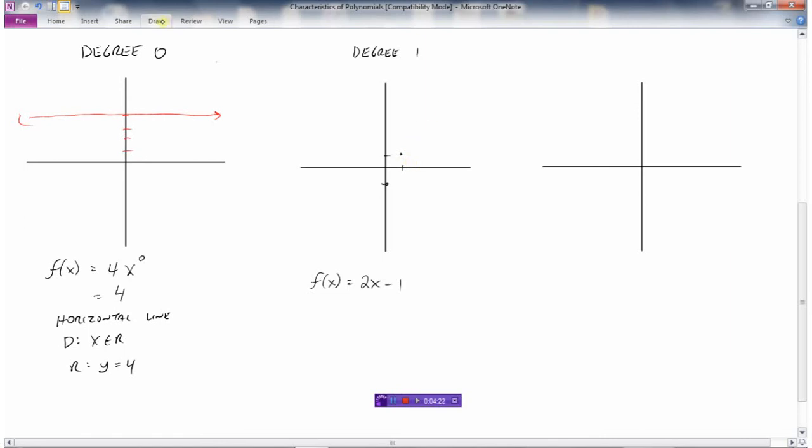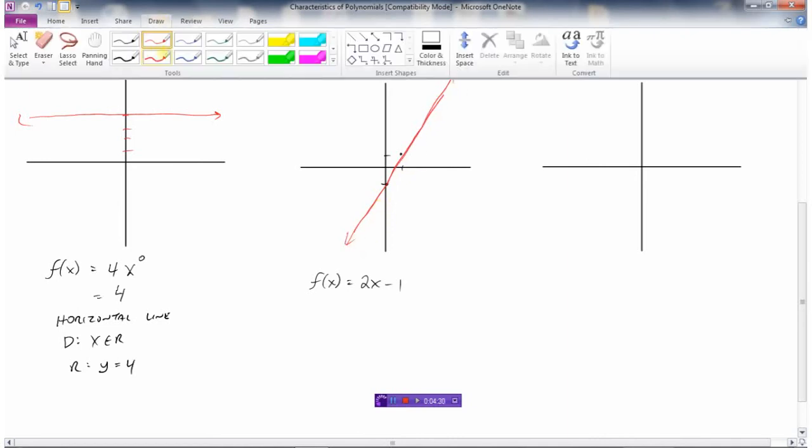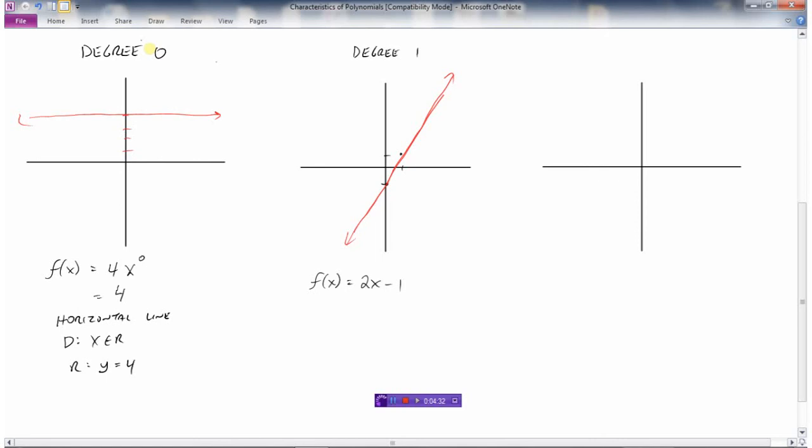So we might have a graph that looks something like this. And so a function of degree 1 will be a line like this, or it could go this way. These are all examples of degree 1s.